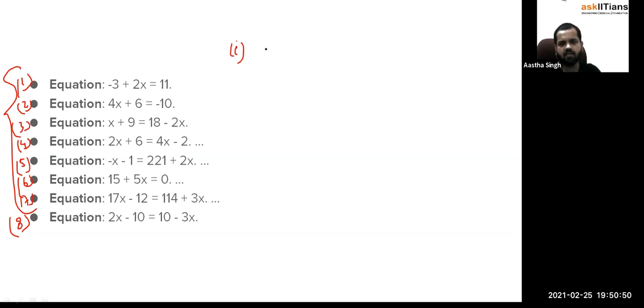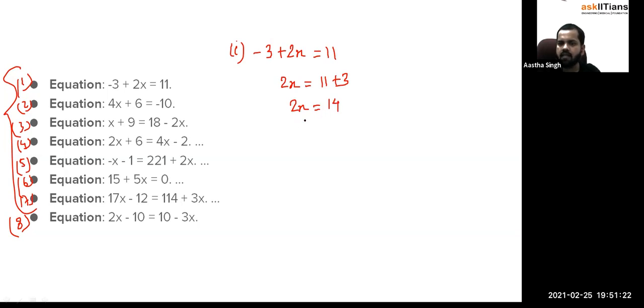And match the answer. The first question says minus 3 plus 2x will be equal to 11. You know that minus 3 will go to the other side and become plus 3. So 2x will be equal to 11 plus 3, which is 14.